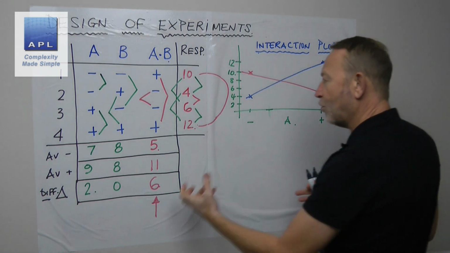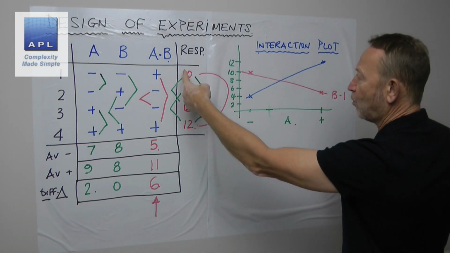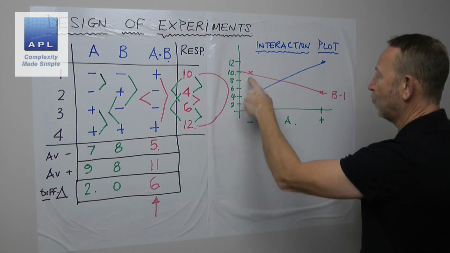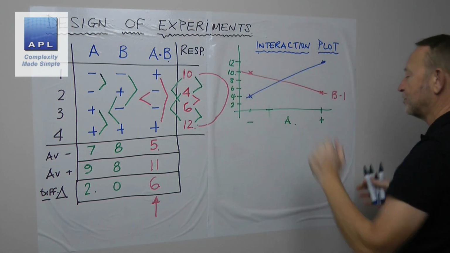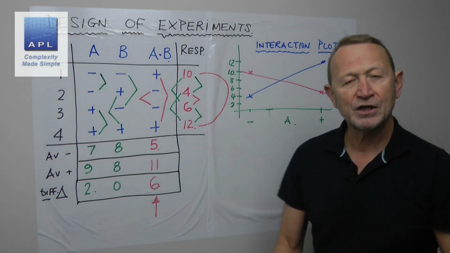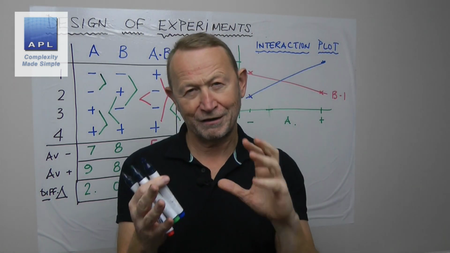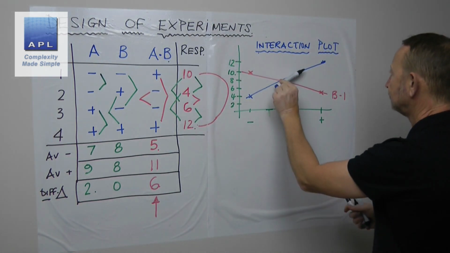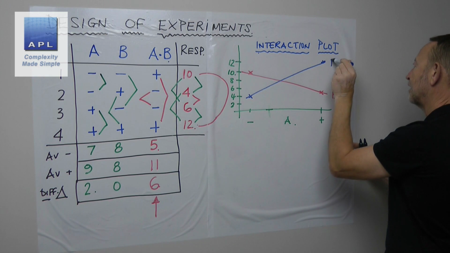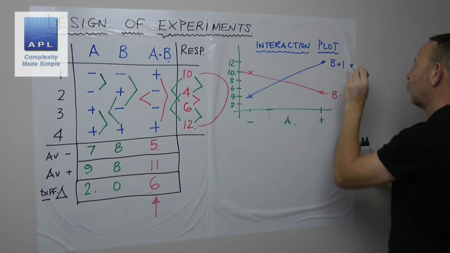Now then, what's the point? If you think just for a second, what we've done is we've just plotted these 4 points. Those 4 results got plotted to make this diagram. So what's the beauty of an interaction? Well, it's like this. This line, let's label it, is the B plus 1 line.